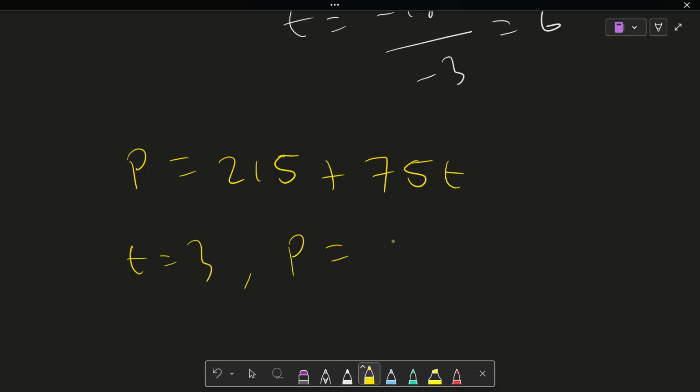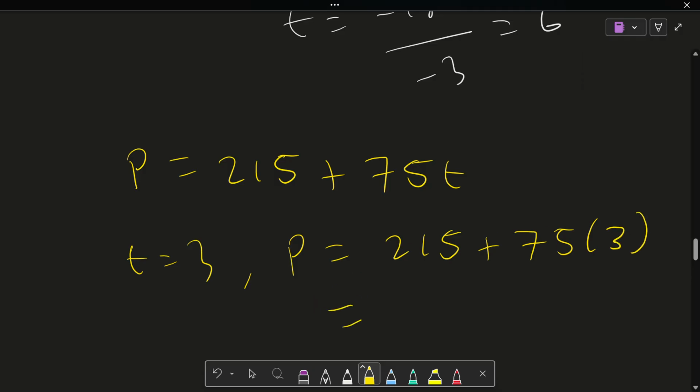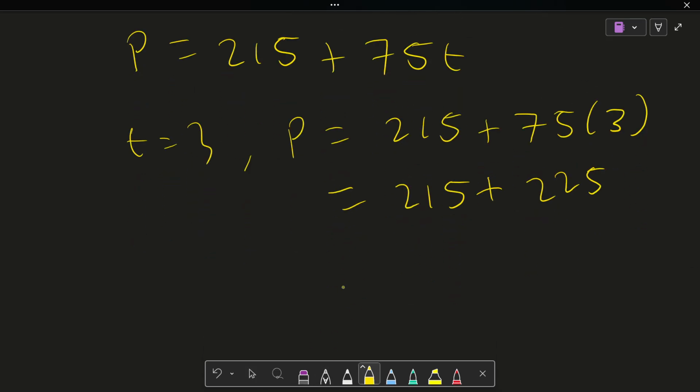Therefore, P will be 215 plus 75 times 3. This gives you 215 plus 225. So here is 440. Okay, 440.